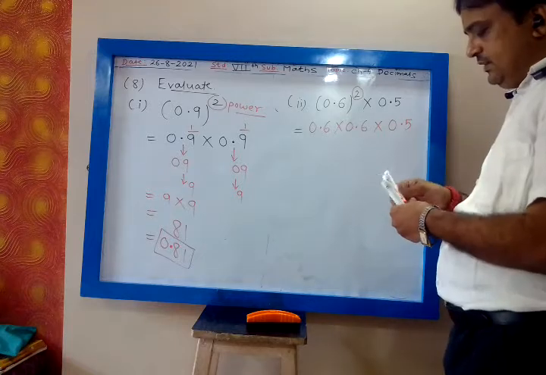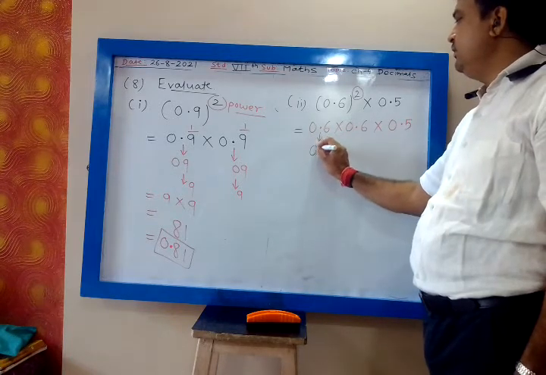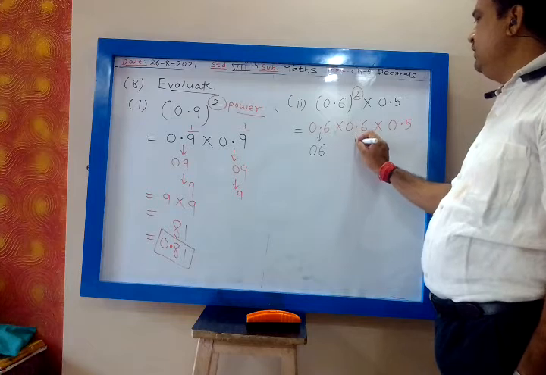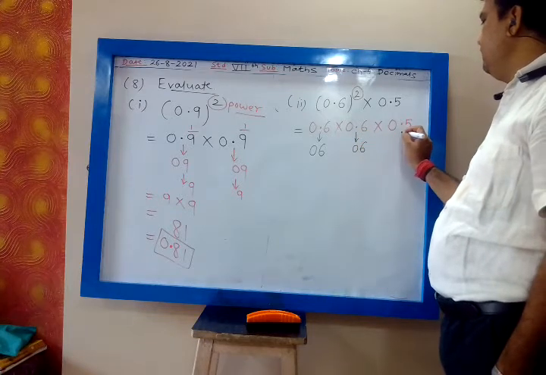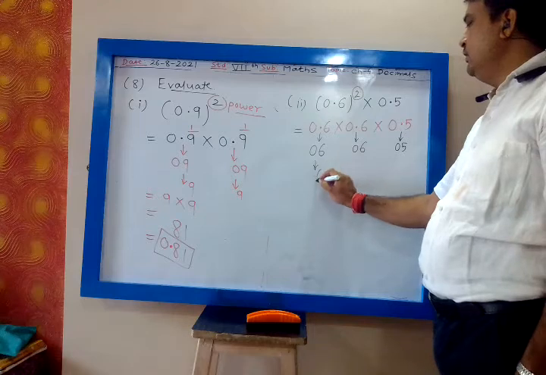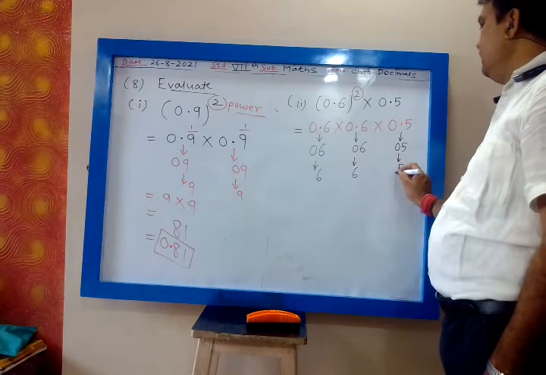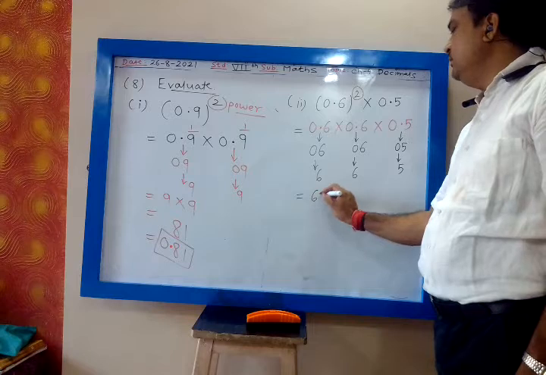Now neglect the decimal. 0.6 is the same as 6, 0.6 is the same as 6, 0.5 is the same as 5. So that will be 6 into 6 into 5.